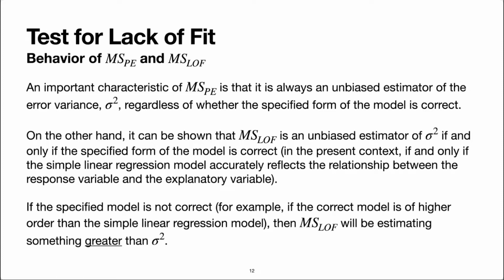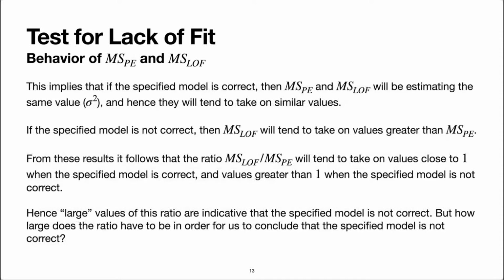If the specified model is not correct, so for example, if the correct model is of higher order than just a straight line relationship, then the mean square for lack of fit will not be an unbiased estimator of sigma squared. It will actually be estimating something that is greater than sigma squared. So again, the mean square for pure error is always an unbiased estimator of sigma squared, whereas the mean square for lack of fit is an unbiased estimator of sigma squared if and only if the specified model is correct.